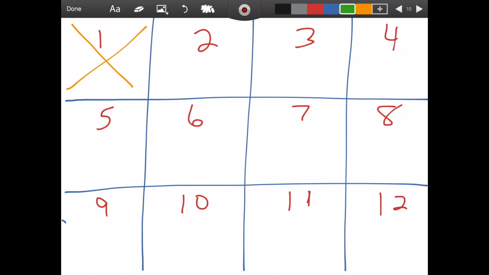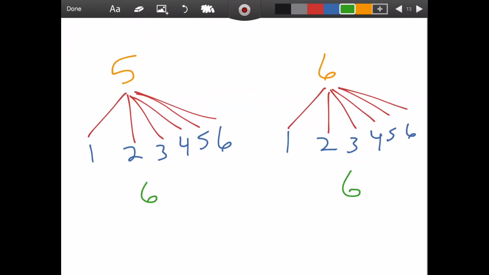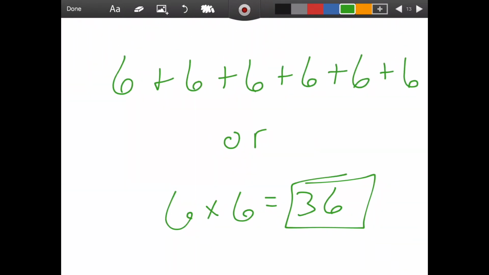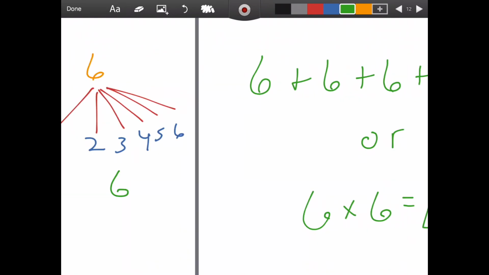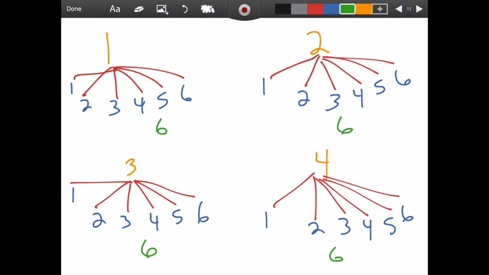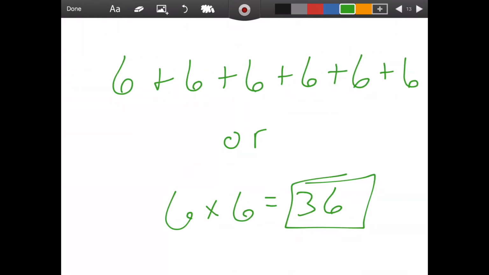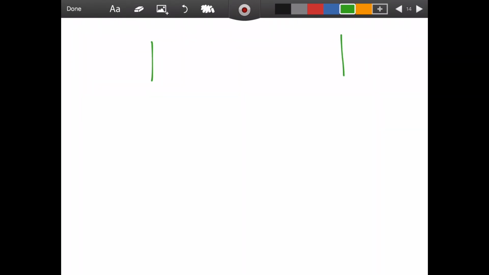So, for example, if I were to roll a 1 with another 1, if we look at our chart, that only happens here one time, a 1 and a 1. That means a 1 and a 1 would have a 1 out of 36 chance of happening.